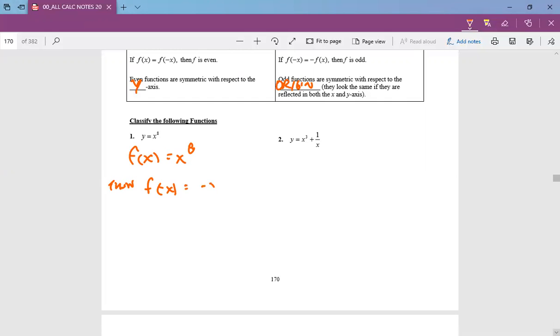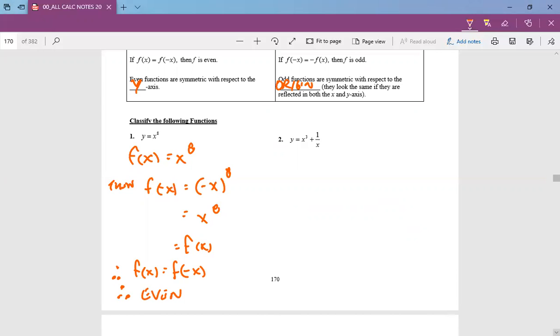This will be equal to negative x all to the 8, which is, of course, x to the 8, which is, of course, f of x. Therefore, f of x is equal to f of negative x. Therefore, it is even. It's an even function is what we're saying.